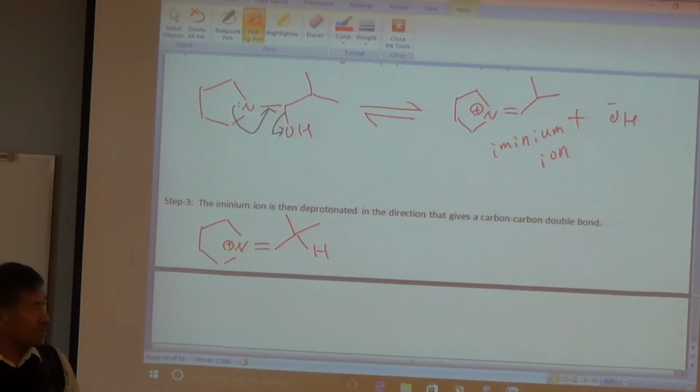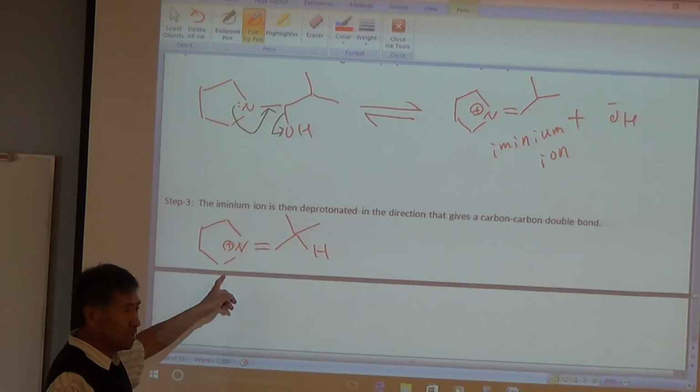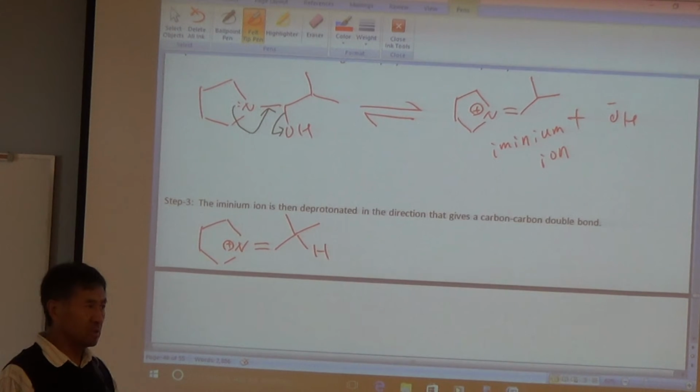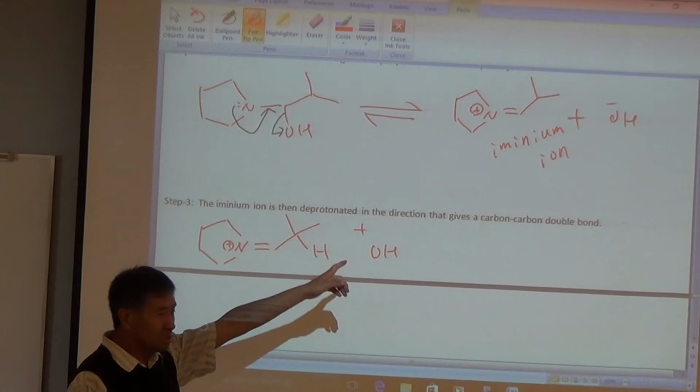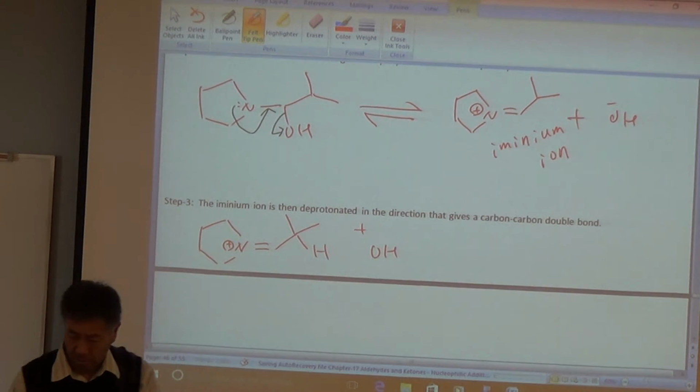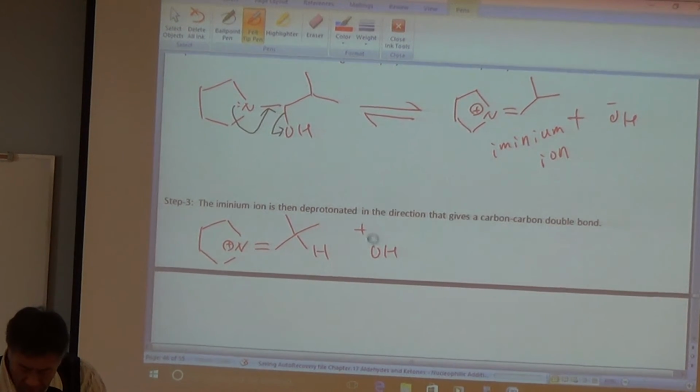There are many other H's, right? Those are not in the chemical reaction. So we draw this H out. So this is plus, the hydroxide produced in the last step. Now that's adding the electron pair. So this is negative.